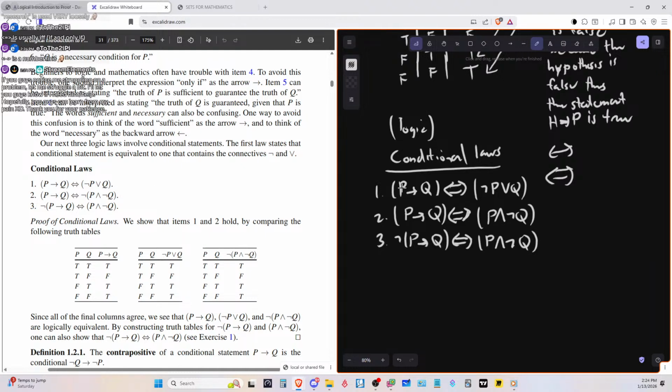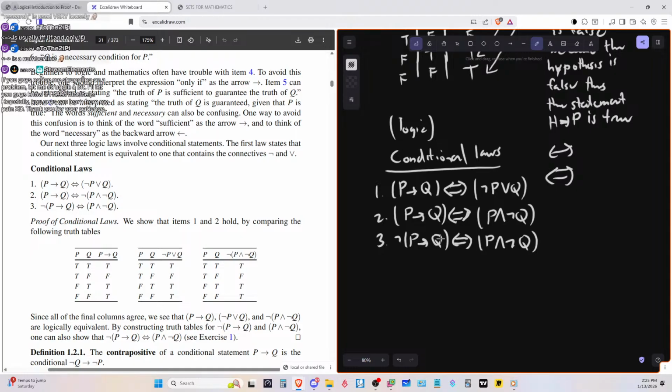Okay, P implies Q if and only if not P or Q. P implies Q if and only if P and not Q. Okay.